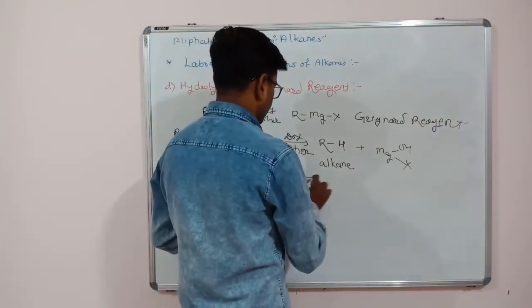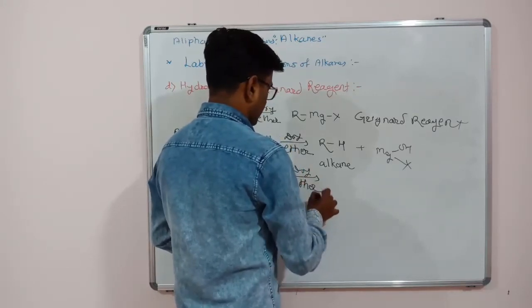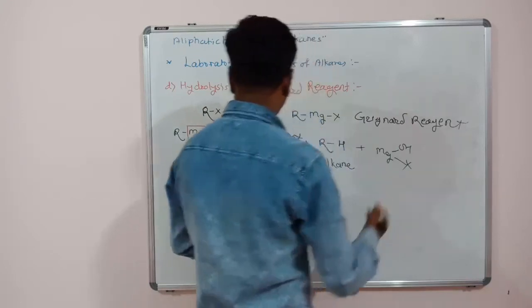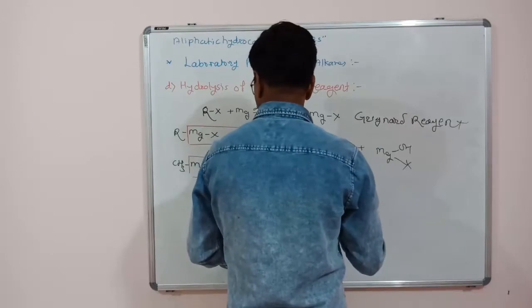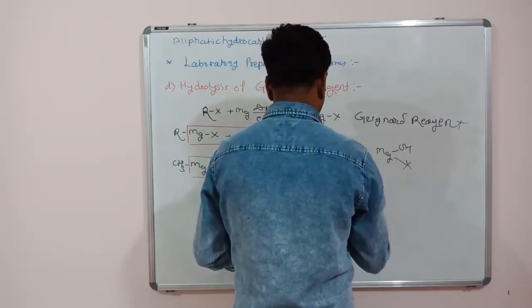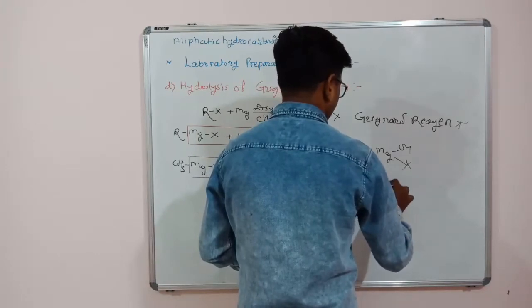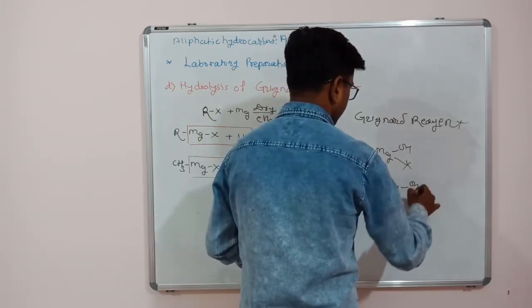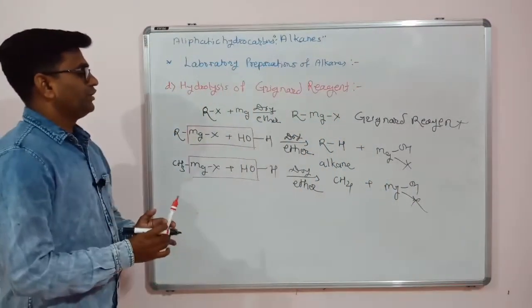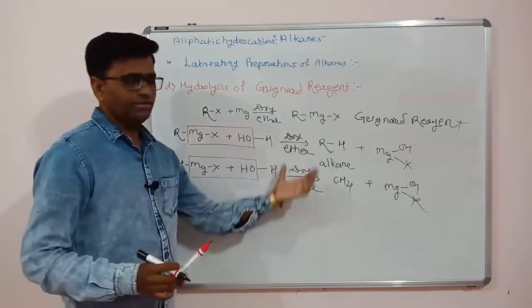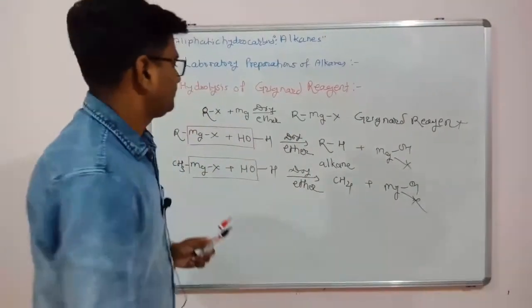So in presence of dry ether, or water, no problem because water is a reagent also. We will get CH4, the methane molecule, as a product. Here you are using water as a solvent, so no problem. There is no need of dry ether.